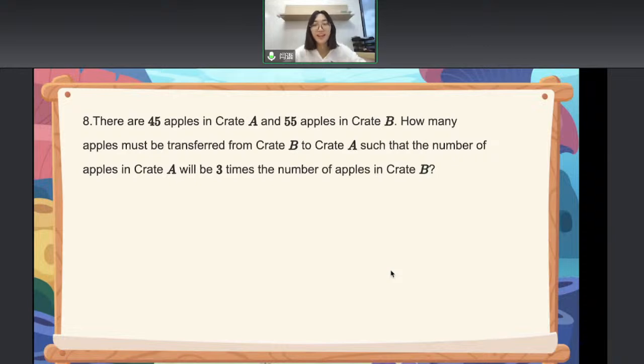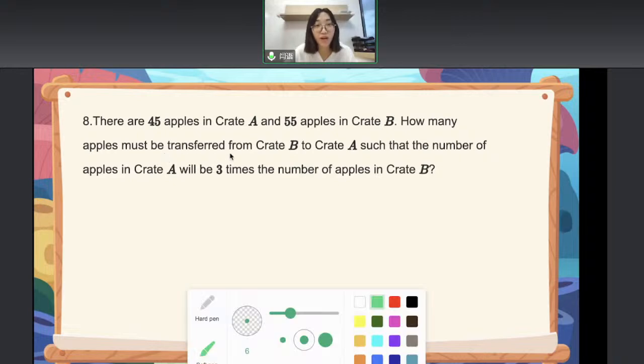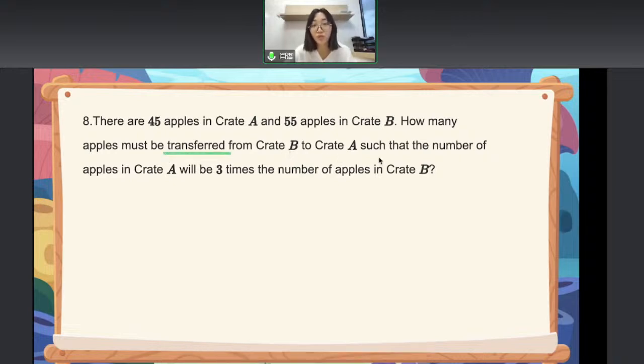Okay, the last part. There are 45 apples in crate A and 55 apples in crate B. How many apples must be transferred from crate B to crate A such that the number of apples in crate A will be 3 times the number of apples in crate B?